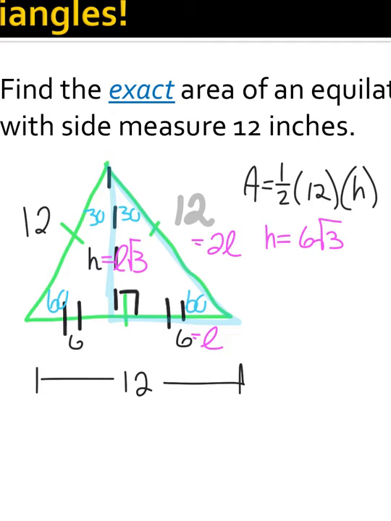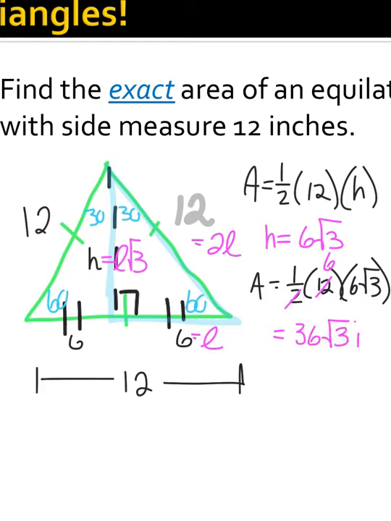I'm going to plug it back into my formula, so area is going to equal 1/2 times 12 times 6 root 3. Let's simplify this. 2 goes into 12 6 times. I would be left with 6 times 6 root 3, that is 36 root 3. My units are inches squared.